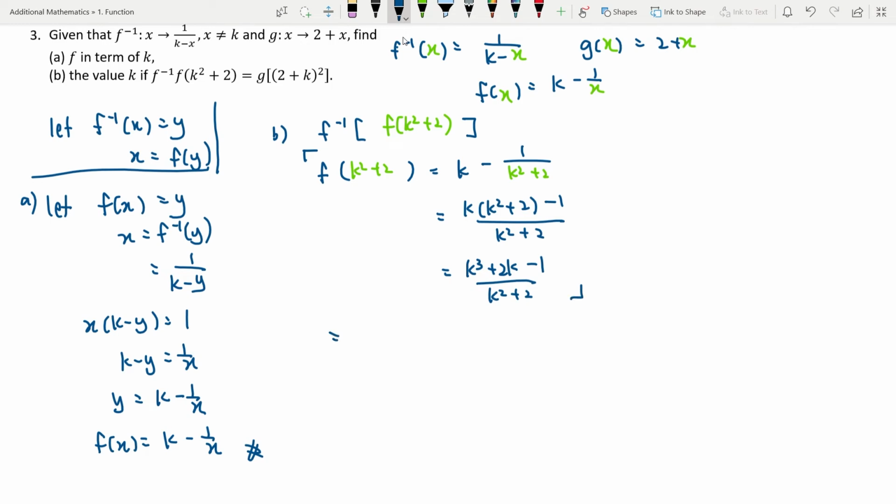Then we continue, substitute this value into the f inverse. We have f inverse of k cubed plus 2k minus 1 over k squared plus 2. So we get 1 over k minus k cubed plus 2k minus 1 over k squared plus 2.